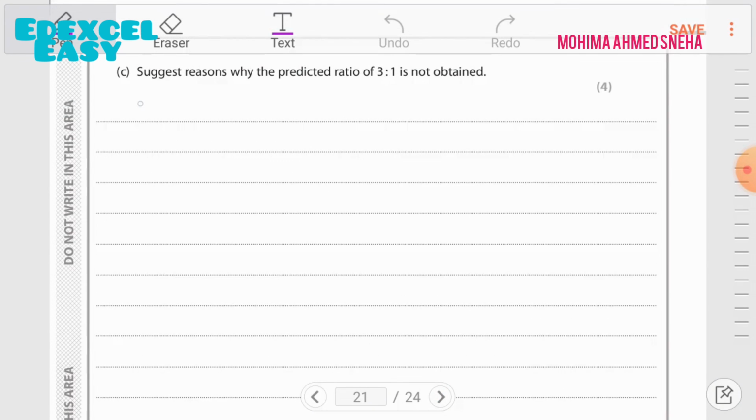The sample size is small. Fertilization is a random process.